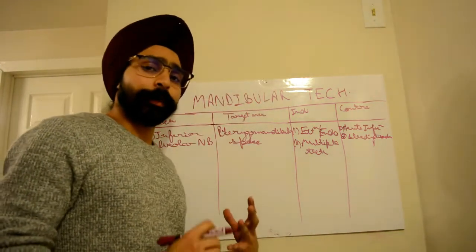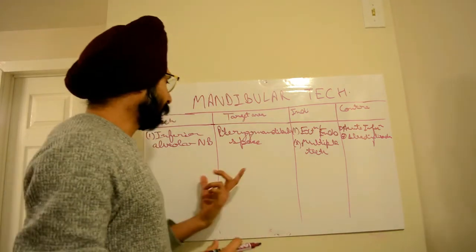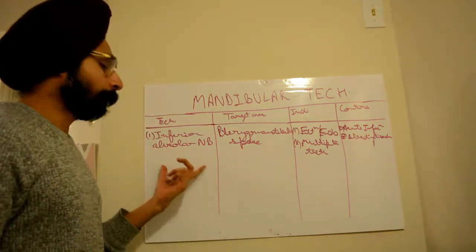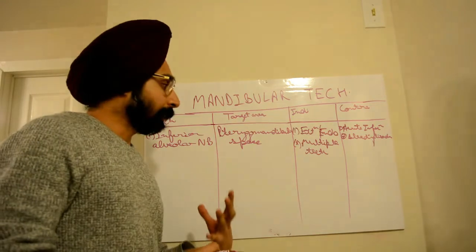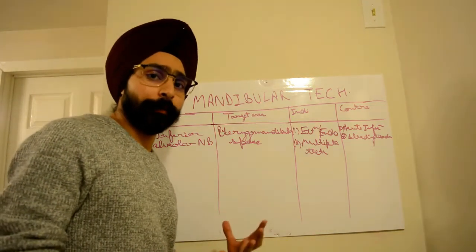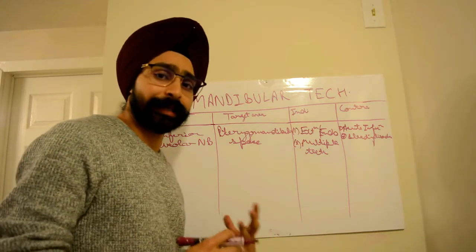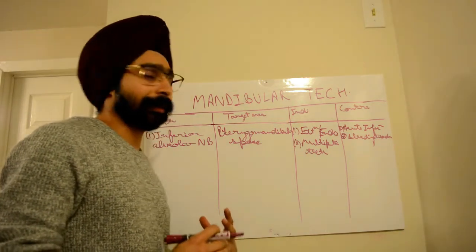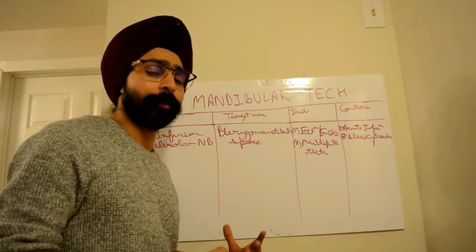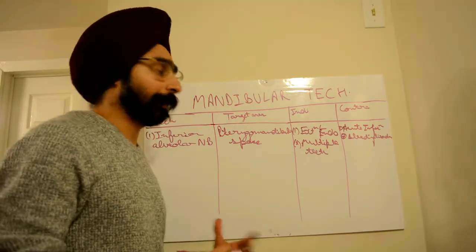We also need to take care that with inferior alveolar nerve block, since the lip also gets numb, a child can bite his lip and get severe trauma on his lip, so we have to be very cautious in that scenario.